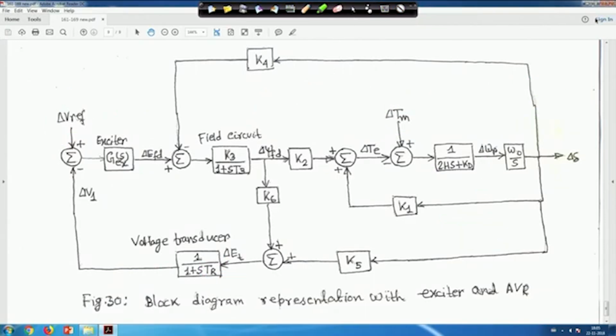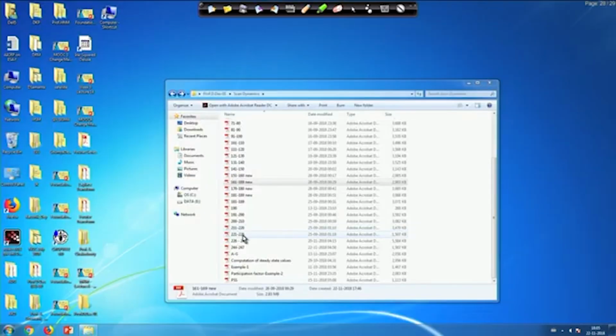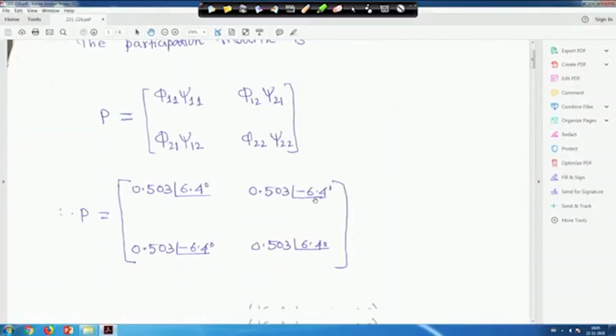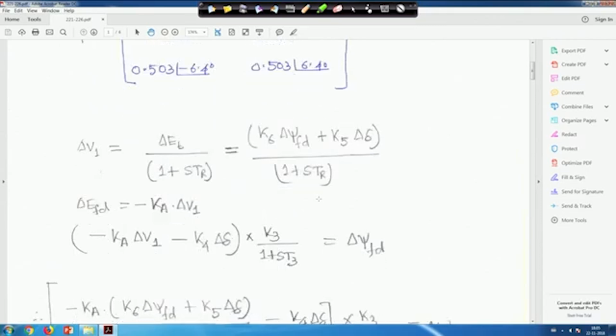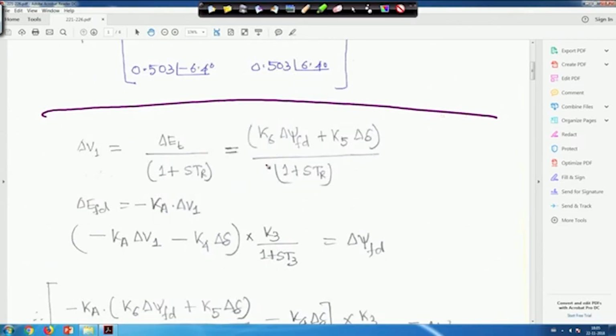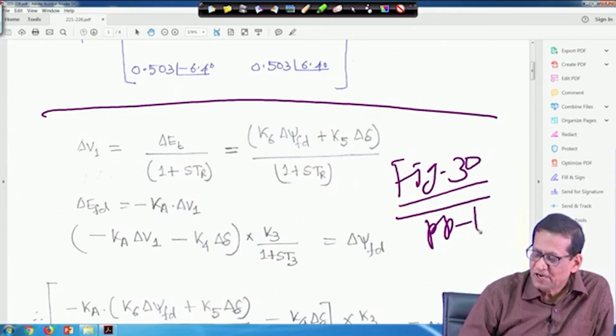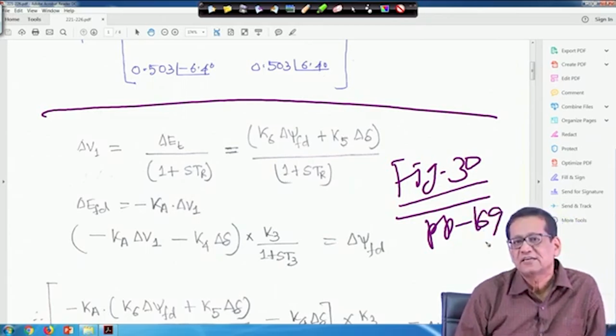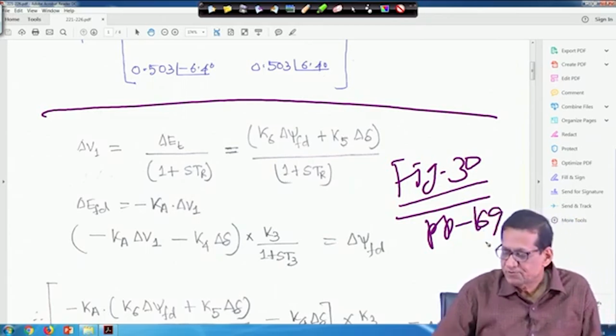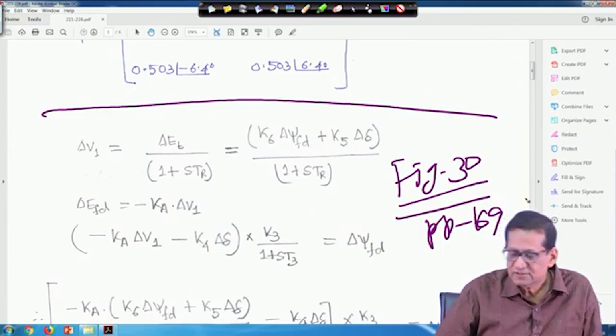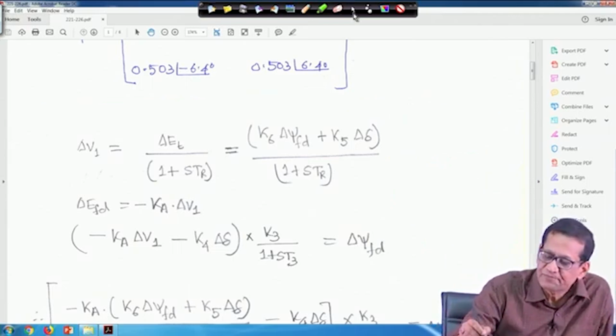If you go to this, delta V 1, that is figure 30, page number 169.